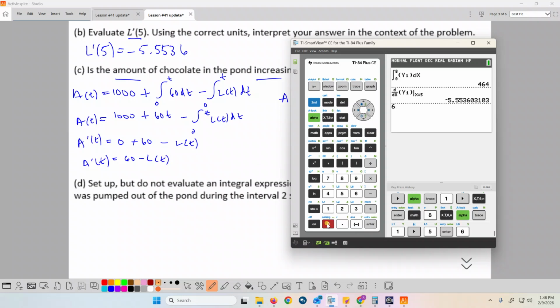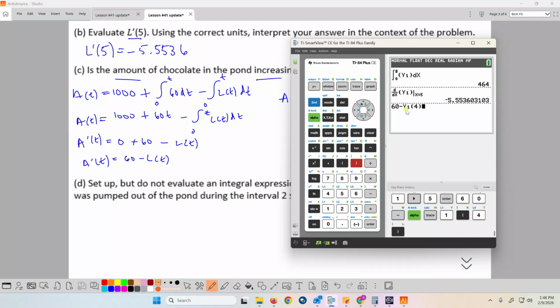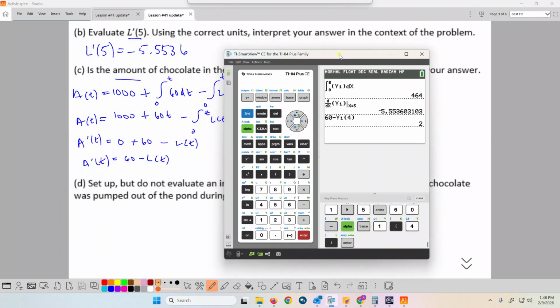So I put 60 minus y1, and by opening a parenthesis after that I can plug in 4. There it is, rate in minus rate out at 4, and notice we get 2. So A prime of 4 is 2.